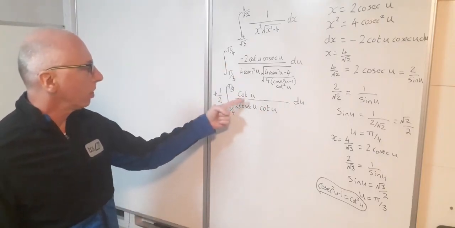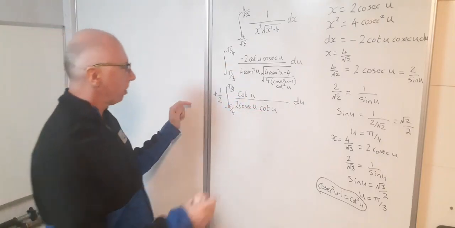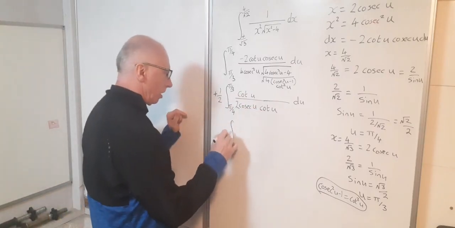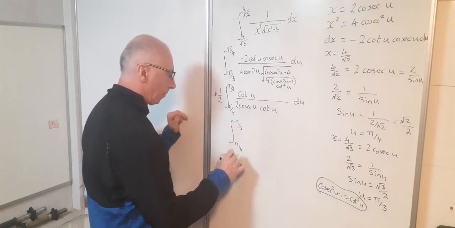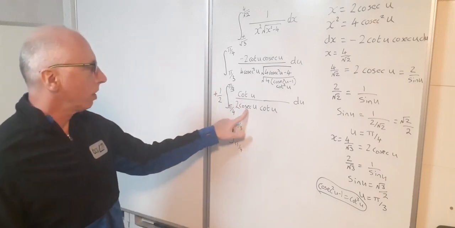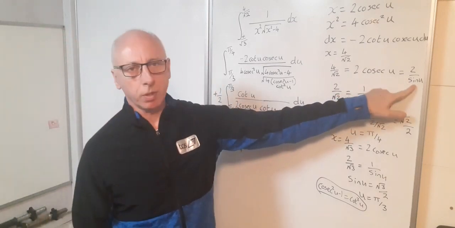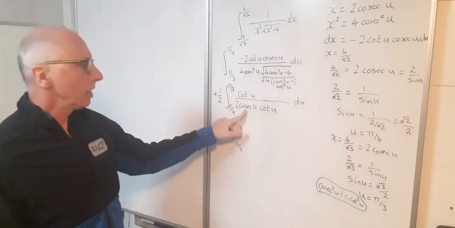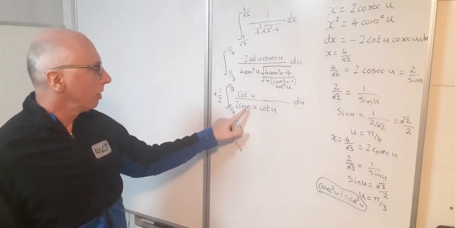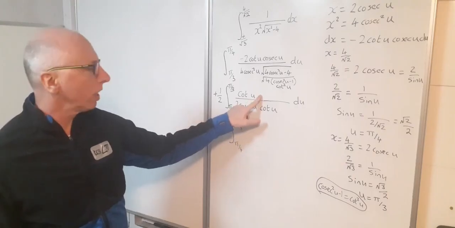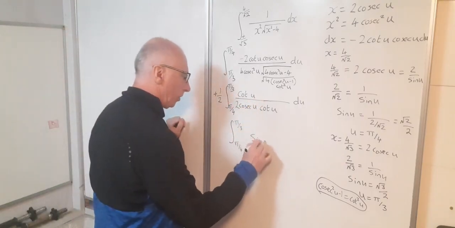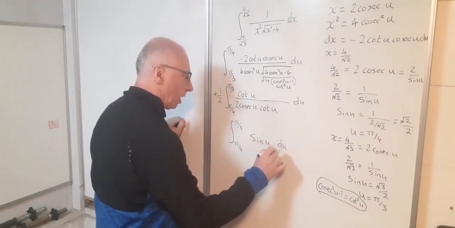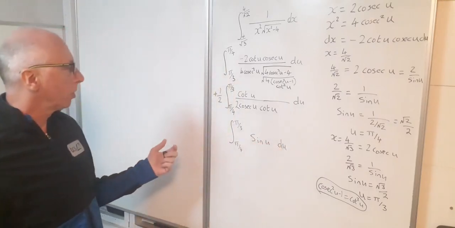So I've got cotangent, cotangent, they cancel. So pi over 3, pi over 4. Cosecant of u is just the reciprocal of sine, but this is in the denominator, so I can put sine in my numerator. So now I've got sine of u du. And now I just need to sort out my constant multiple.